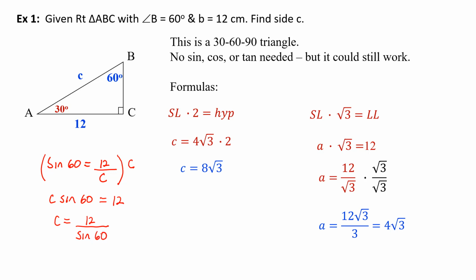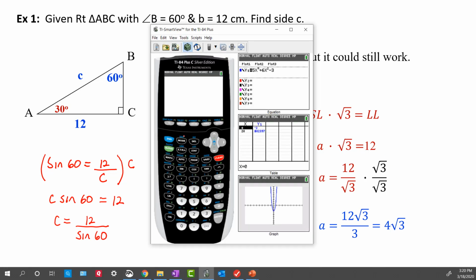Alright, so let's take our calculator again. I'm going to pull up my calculator here, and we're going to go to our fraction key, Alpha Y equals number 1. We're going to punch in 12 in the numerator, sine 60 in the denominator, close up our parentheses, hit enter, and we get 13.856.